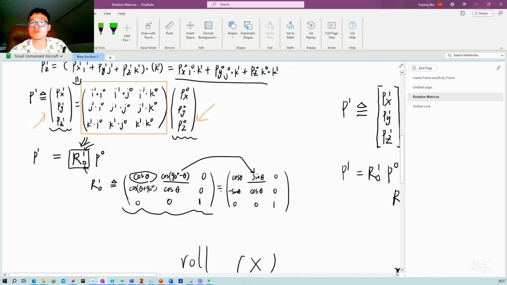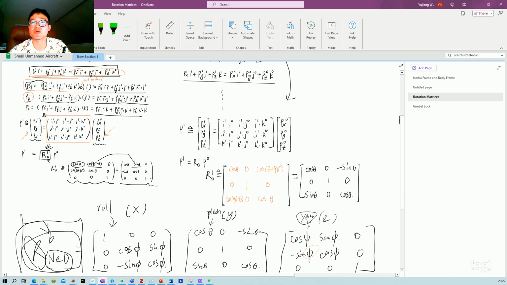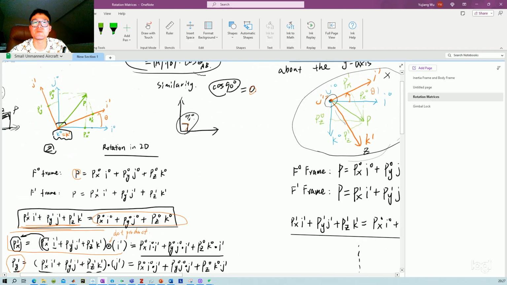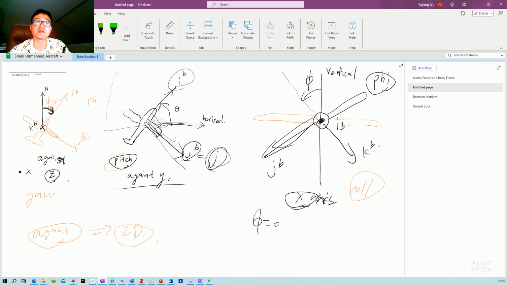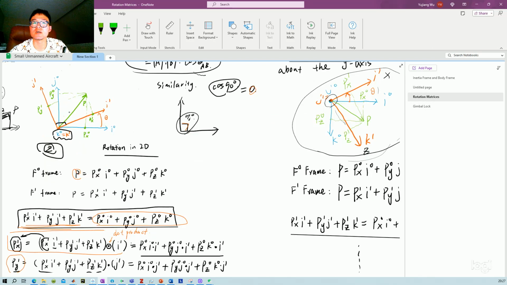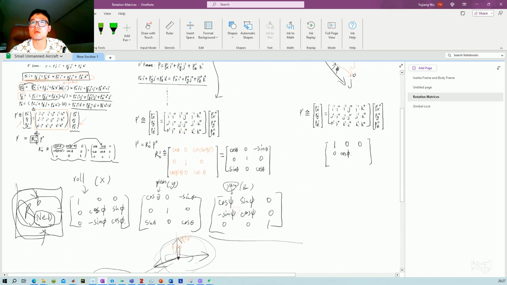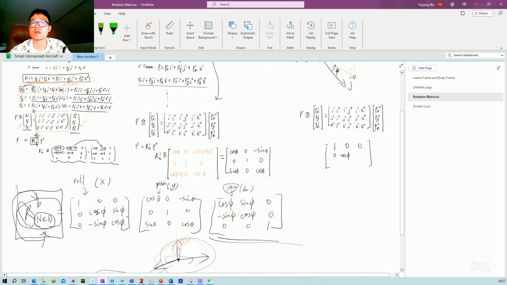I will not go through all of them. This is just to show you how this is derived, and this matrix itself is a 2D rotation against the z-axis, which is exactly what we did for defining the yaw angle, right? That's why the yaw angle here is matching that.